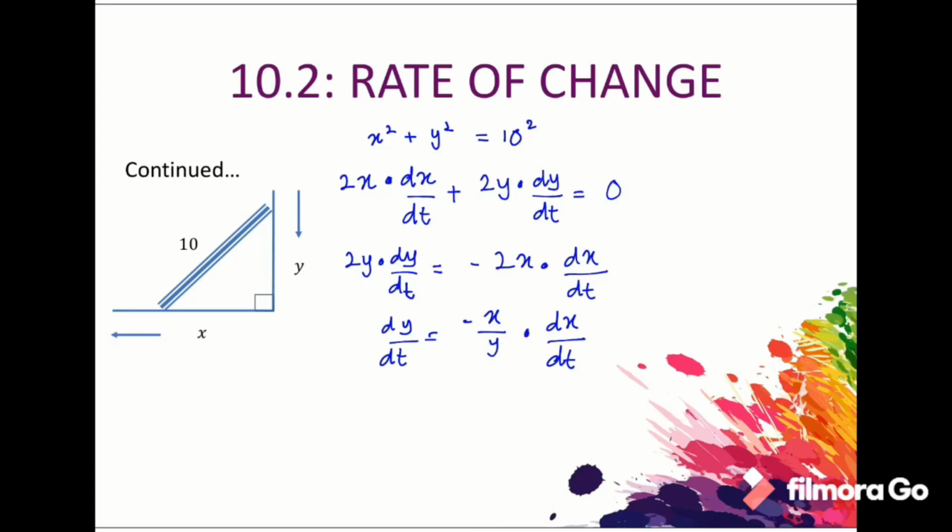So we know that x is equal to 6 and y is equal to 8, and dx/dt is equal to 3 over 4 meter per second.